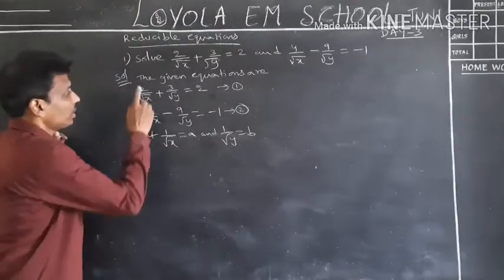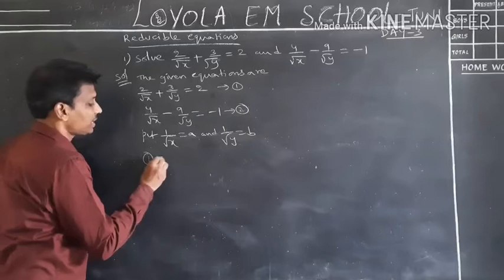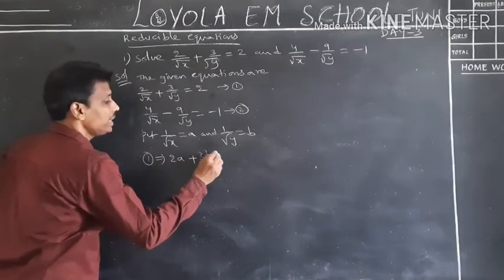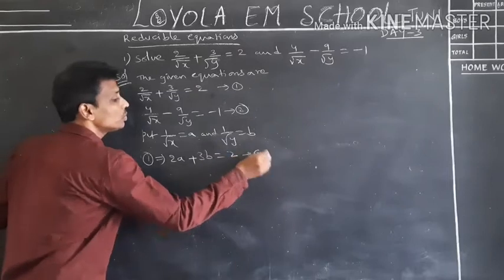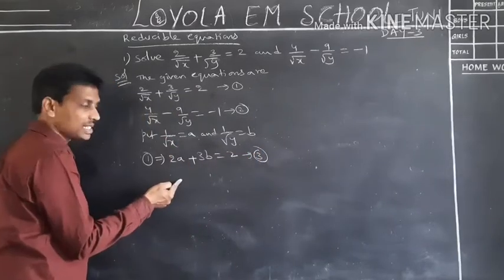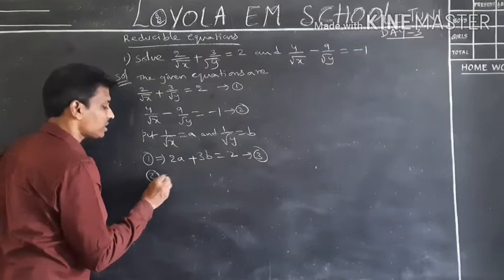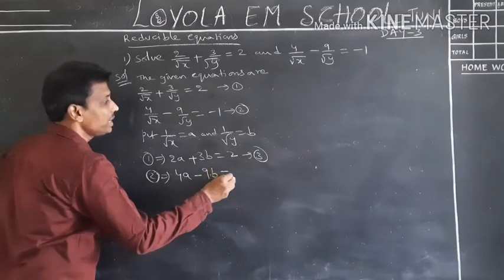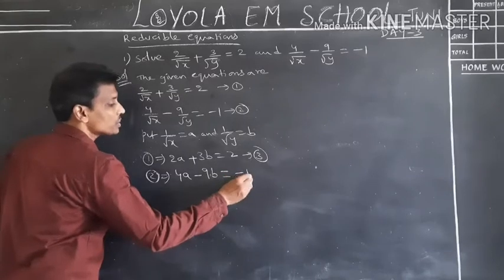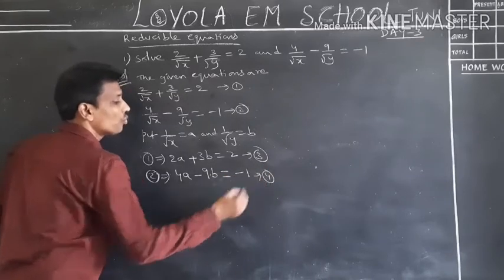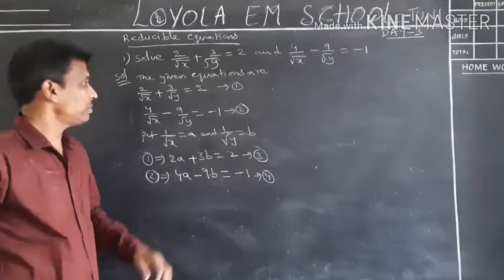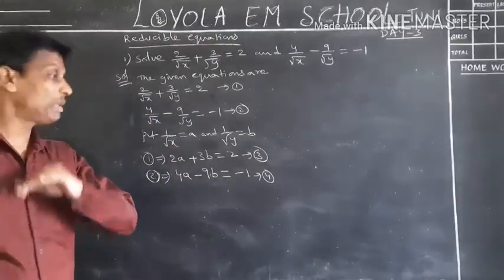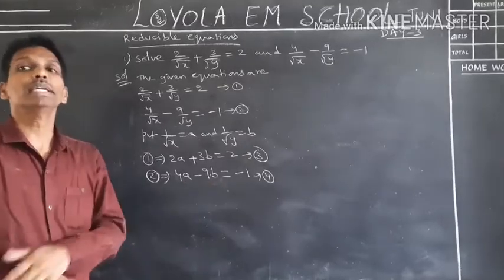Now the first equation changes as 2a plus 3b is equal to 2. First equation changes like this. How will the second equation also change? 4a minus 9b is equal to minus 1. That will be the fourth equation. That means the equations given in x, y variables have been converted in terms of a and b.